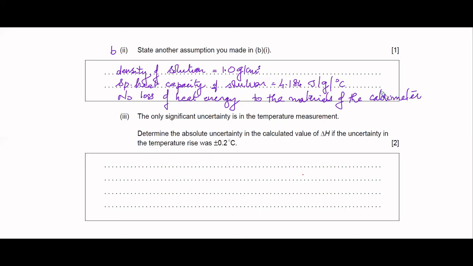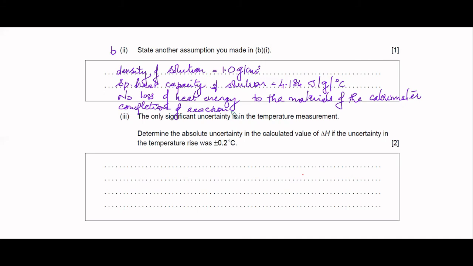Then another assumption we are making is that the reaction is going to completion. The complete reactant we are using is reacting away. Completion of reaction is another assumption we make.